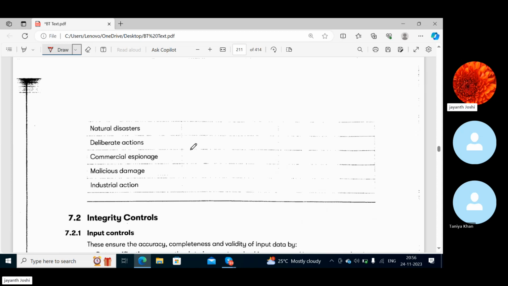Natural disasters: fire in office containing systems and data. What you can do, you can have offsite backup and physical controls, right? Yes, sir. So if this happens, you can protect your files. Then someone is trying to do something deliberately, fraud. You can divide the duties.